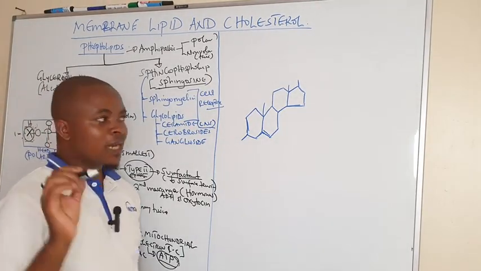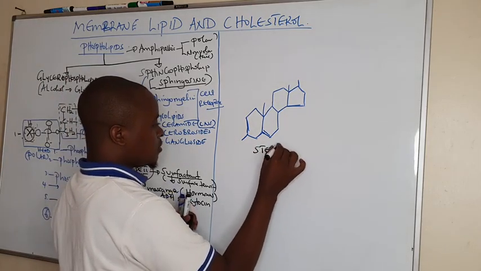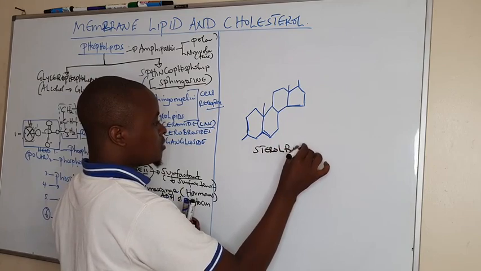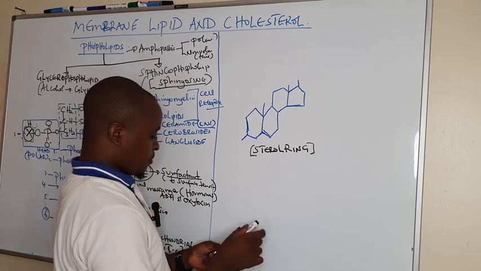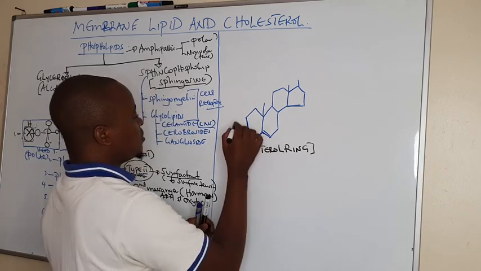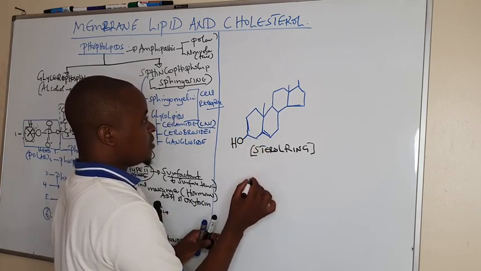Cholesterol, its backbone is known as a sterol ring. It has a sterol ring, and this sterol ring is this one which is polar with a hydroxyl group at carbon number 3.